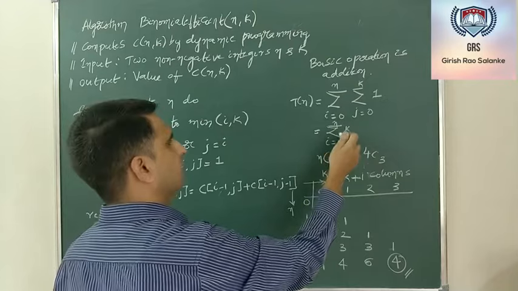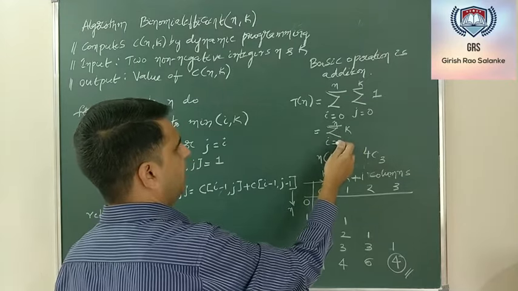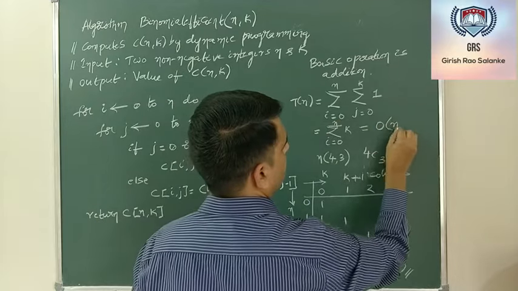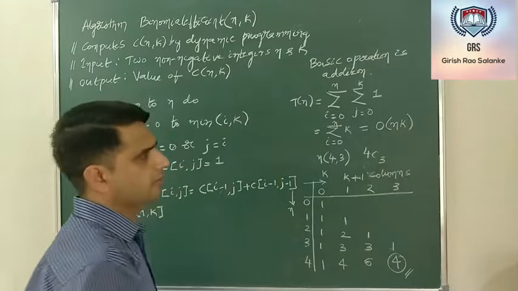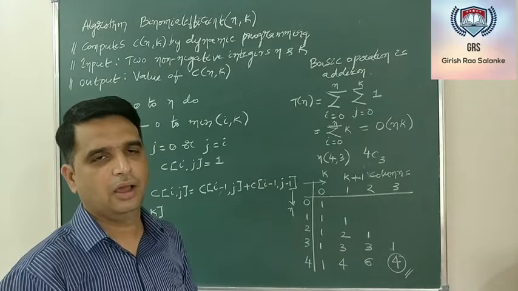Now, this k times has to be iterated n number of times. And this is order of nk. This is about the time complexity of the binomial coefficient.